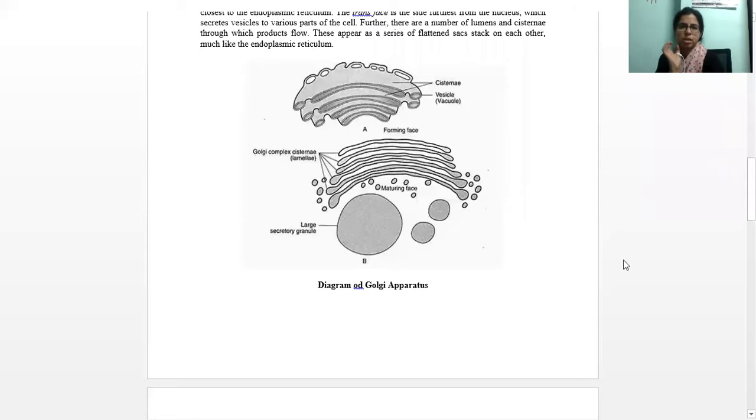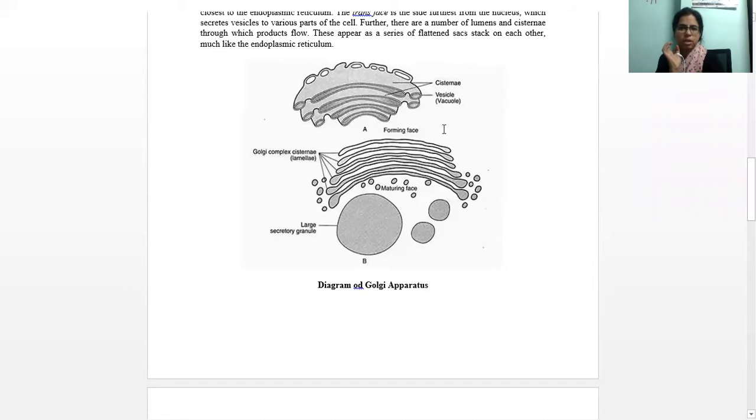Here you can understand the structure of the Golgi apparatus by the diagram. So here I am showing the diagram of the Golgi apparatus, by which you can understand more about its structure. So this is the Golgi apparatus.